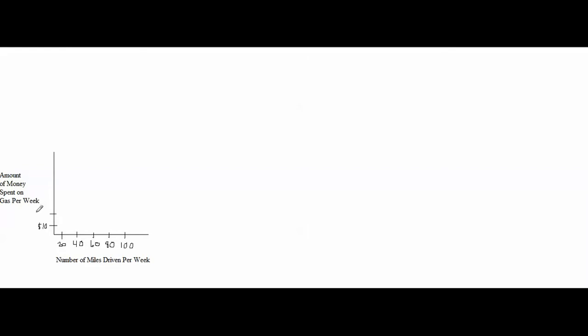This might not be completely realistic, but I'm just trying to make a point about what the shape will look like in the scatter plot. Because I'm not exactly sure how much money a person driving 40 miles per week would spend on gas unless I did some more calculations.